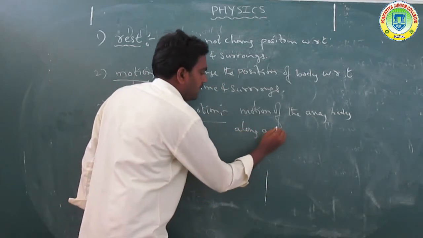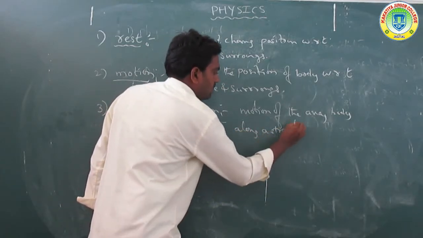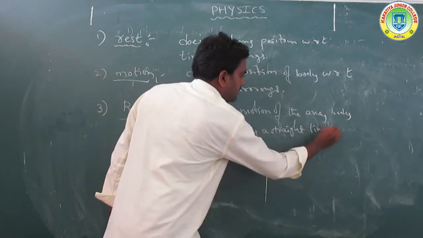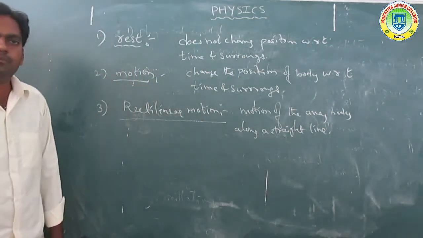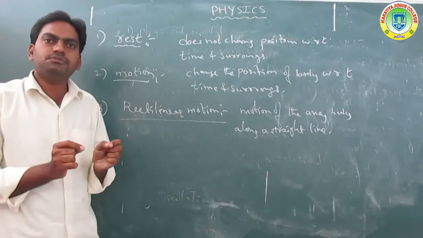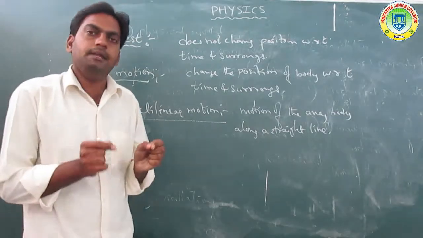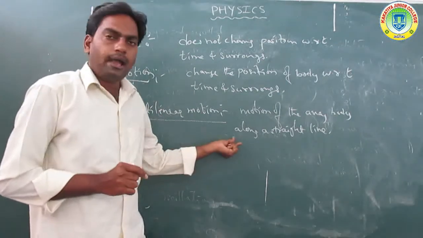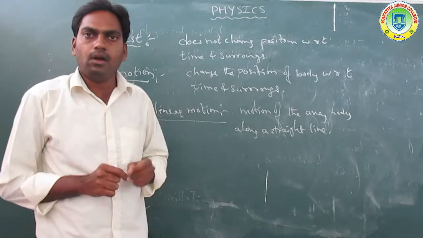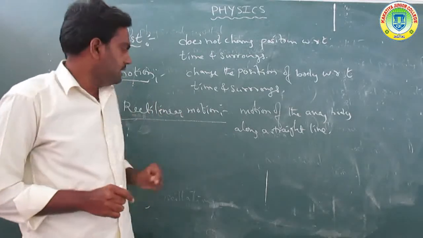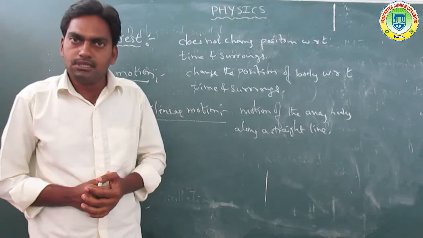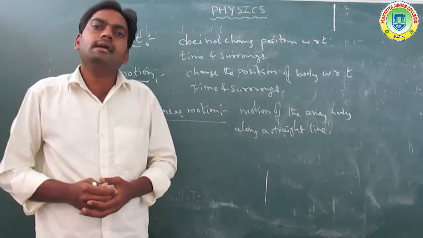Motion of any body, any particle, along a straight line is called rectilinear motion, or the body is in rectilinear motion.